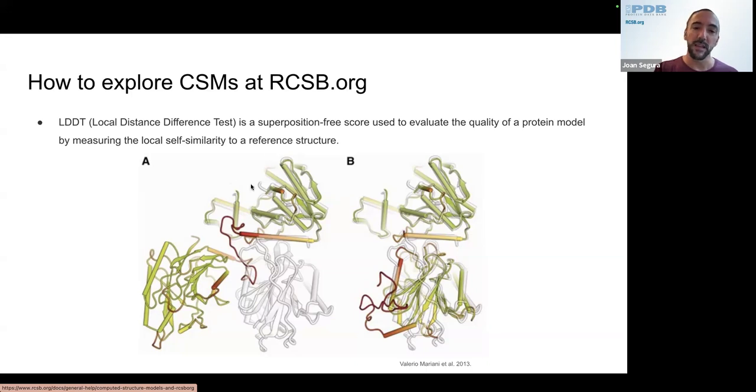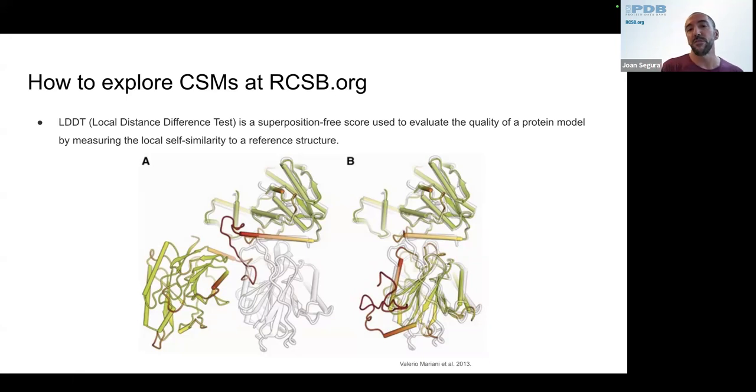Here the model is our green-to-red color gradient protein, and the reference, or what we could consider the native conformation, is the gray protein. So there is no way that I can superpose both proteins globally. Even if, as we can see in B, both domains match, if I try to superpose one, the other is not going to fit. So this is what the LDDT is trying to solve.